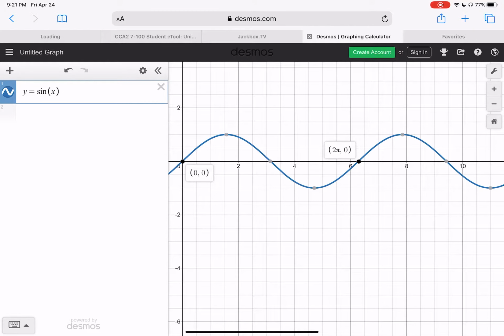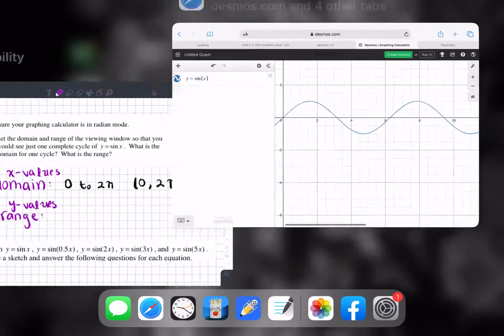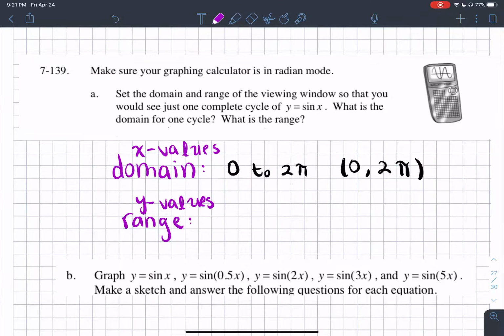Now that you've thought about what range is, let's look at our graph. That highest y value right here is 1, and our lowest is -1. So when we write our range, we write from the lower number to the higher number. So our range in y values goes from -1 to 1.